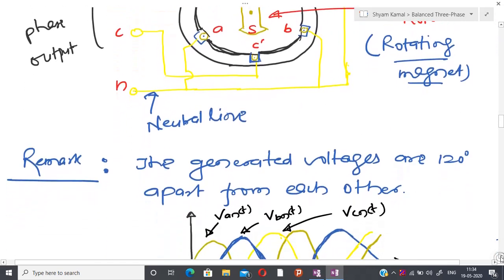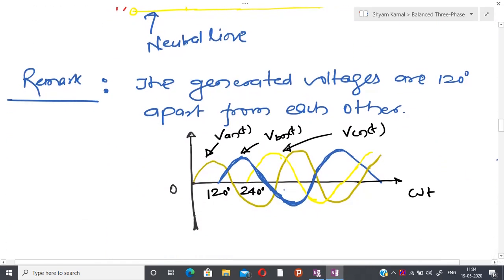If you plot that with respect to time, it is sinusoidal, the same shape, but due to the placement of the coils at 120 degree, all three are 120 degree apart. The same thing is reflected from this figure.